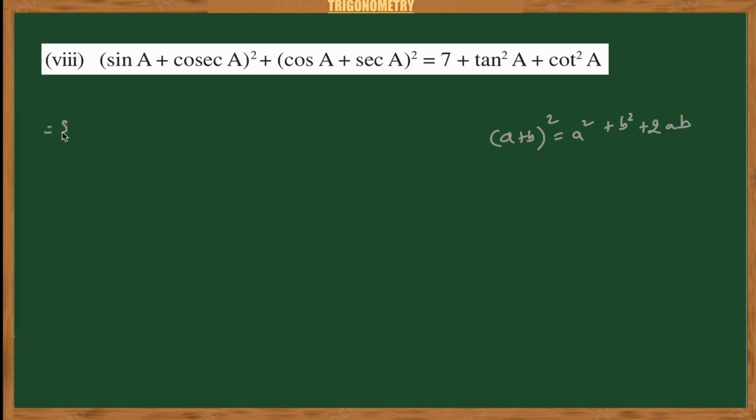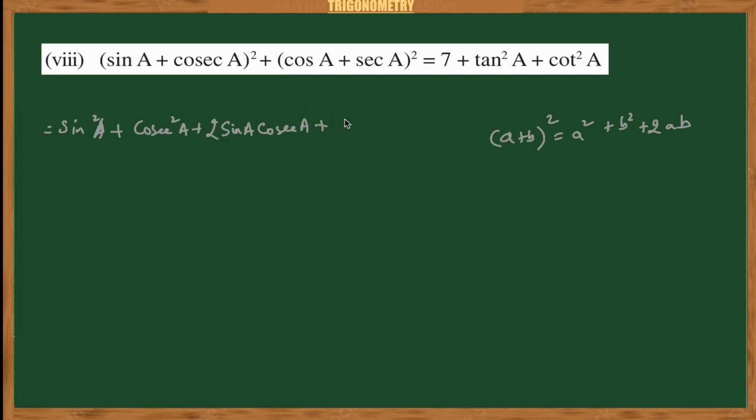So let's put it here, the easier side. Sin square A plus cosecant square A plus 2 sin A into cosecant A. Then plus, the same thing will apply here, so not to worry.